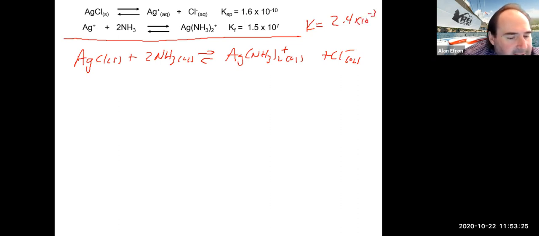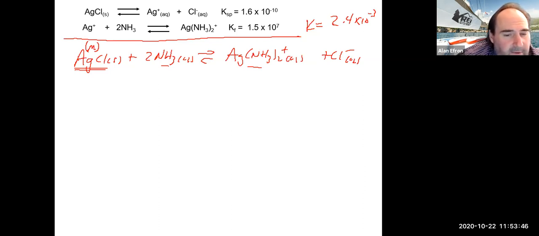We're not necessarily interested in the concentration of our complex ion or our ammonia. We're really interested in the molar solubility, the molarity of our silver chloride. So we're looking for its solubility.